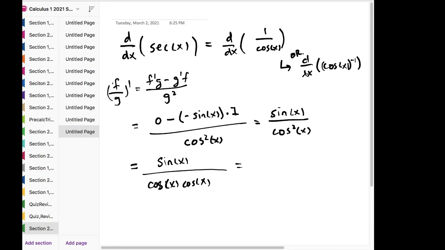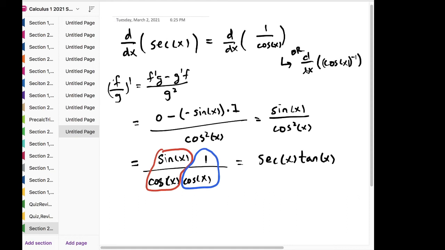Right, sine over cosine is tangent. And then what's 1 over cosine? Secant, right. So it's secant tangent.